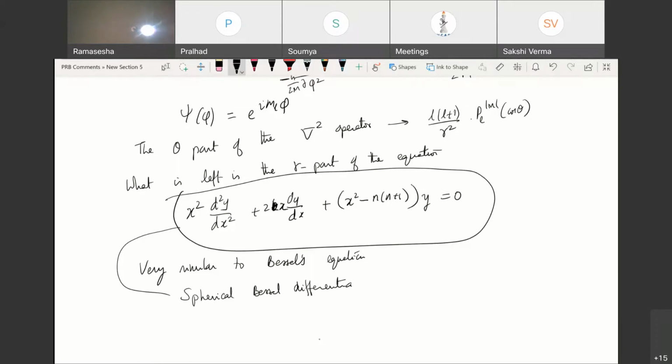And what are the solutions of these? The solutions of these are what are called spherical Bessel functions.